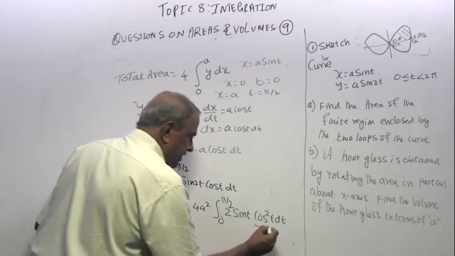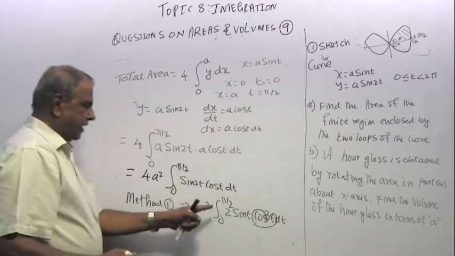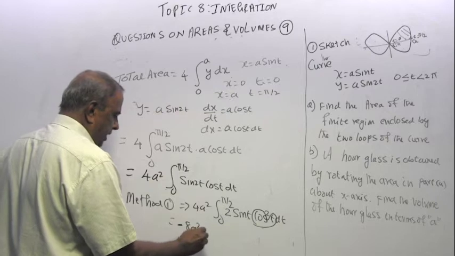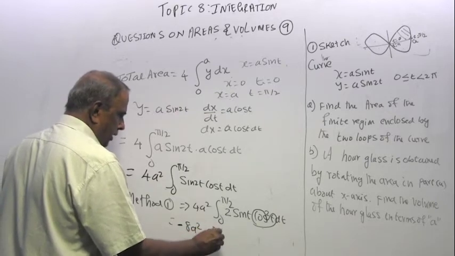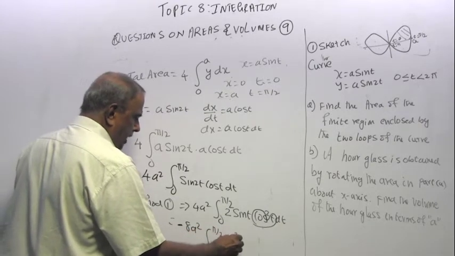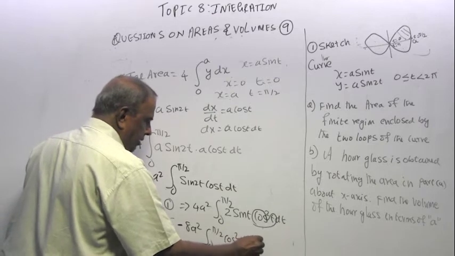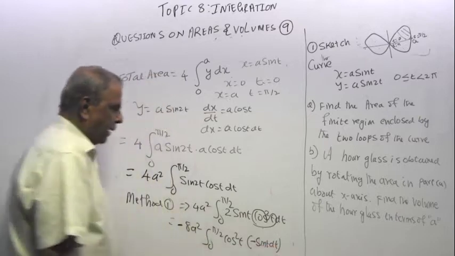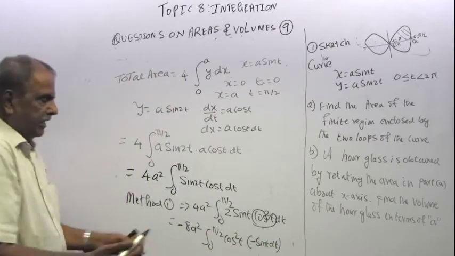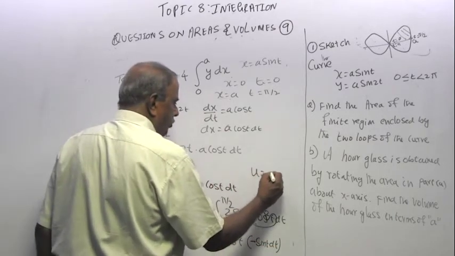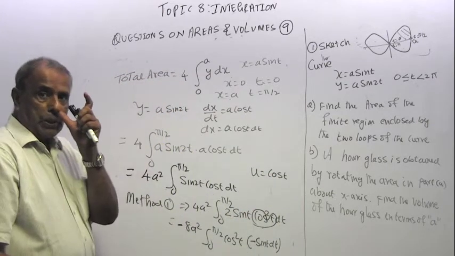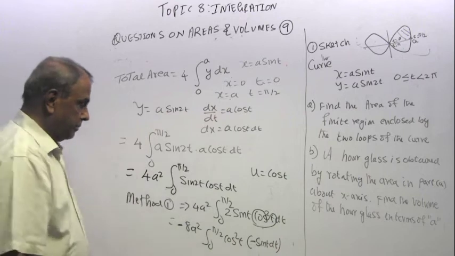When you differentiate a cos, you get a sine, but with a minus sign. So I'll put minus 8a squared integral 0 to pi over 2 cos squared t times minus sine t dt. I am using inspection, but if you are not happy with inspection, please use u equal to cos t. Don't bother about the limits, then you can do it.